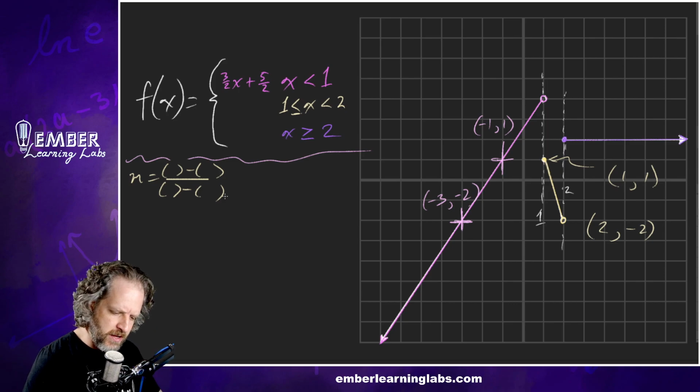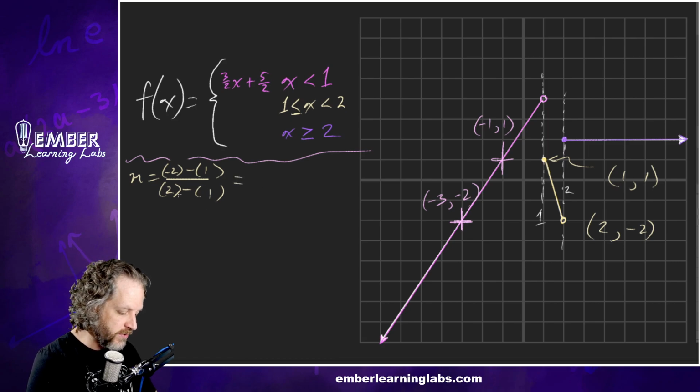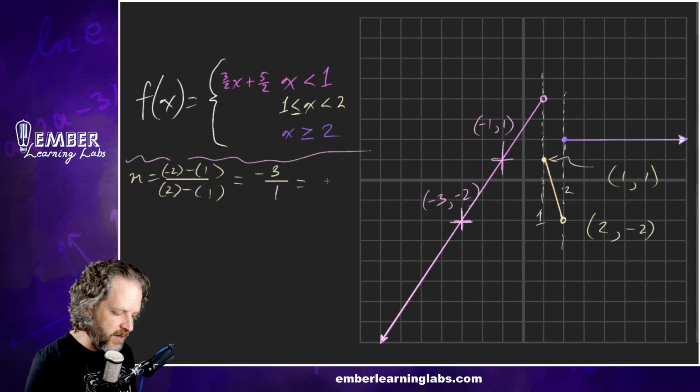Okay, so we're going to plug in negative 2 as y2 and 1 as y1 and 2 as x2 and 1 as x1. So that equals negative 2 minus 1, which is negative 3, over 2 minus 1, which is 1, so the slope of that one is negative 3.